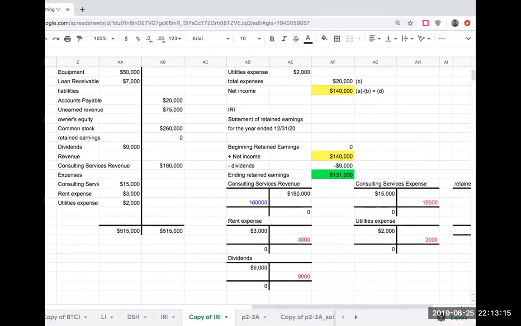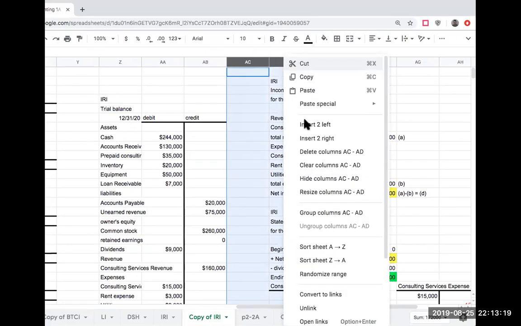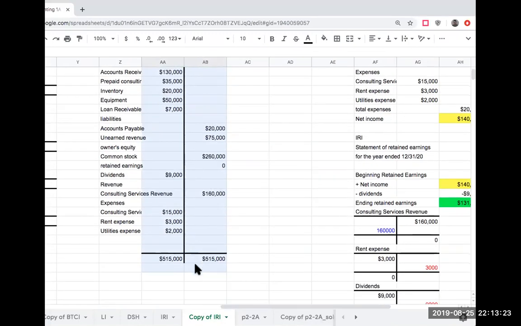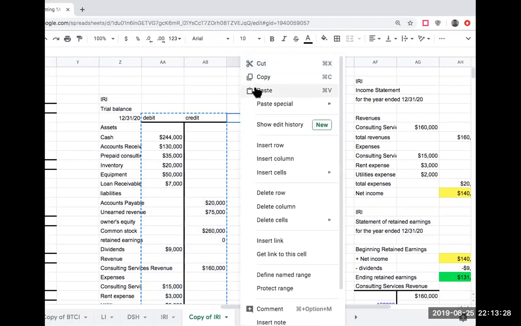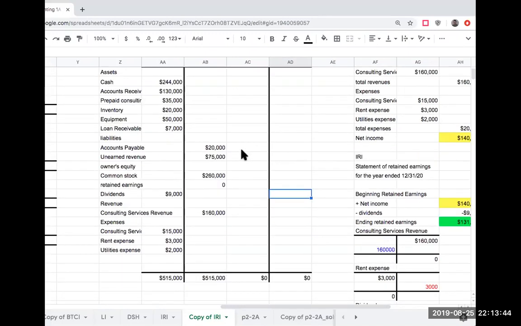My next step in this question is I'm going to be preparing a post-closing trial balance. So right over here, I'm going to prepare a post-closing trial balance. And what are the things that are changing when I'm doing a post-closing trial balance?